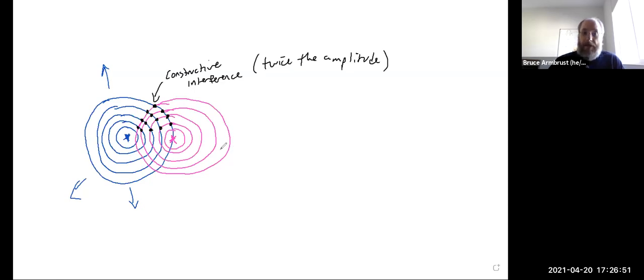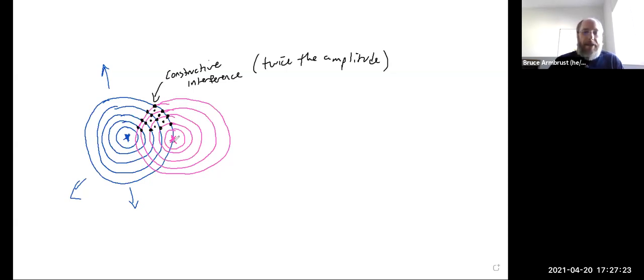Those places, you're going to get constructive interference. Now, you don't only get that where peaks meet peaks, but you also get that where troughs meet troughs. So if we were to look at the points that are in between these, like exactly halfway in between the blue circles and the pink circles, right about there, those are also going to be places of constructive interference.